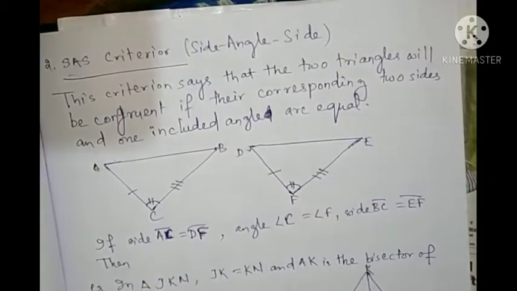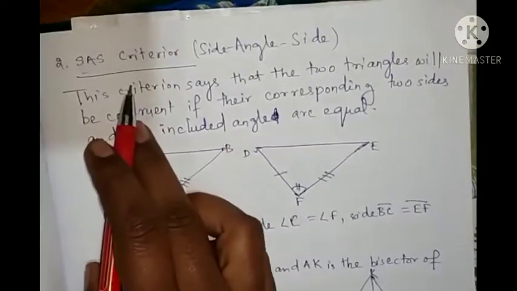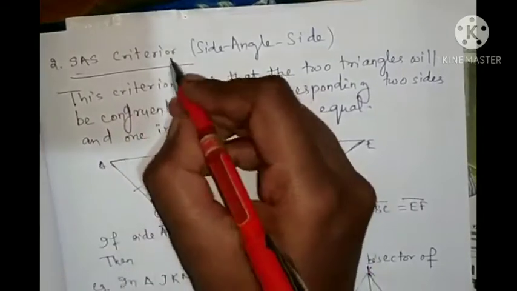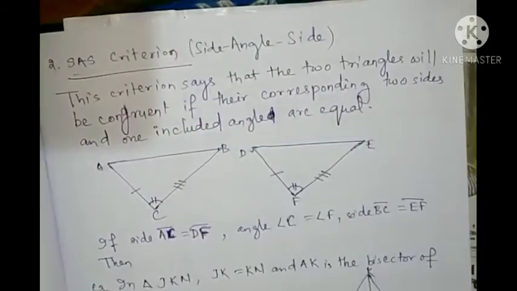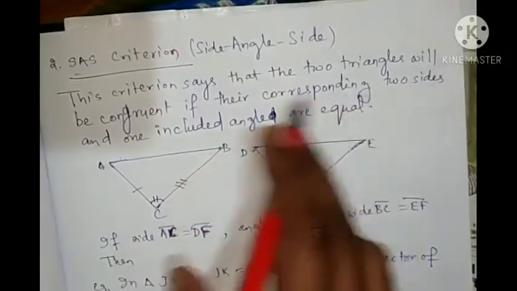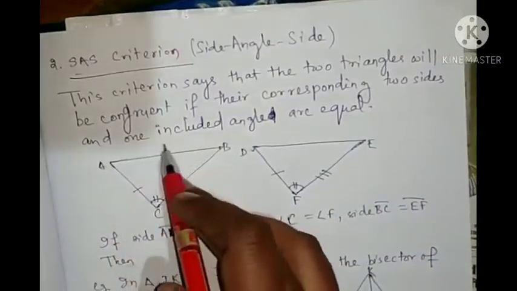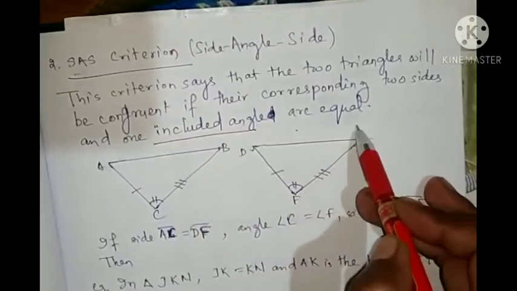The second criterion is SAS, the side-angle-side criterion. This criterion says that two triangles will be congruent if their corresponding two sides and the one included angle are equal.